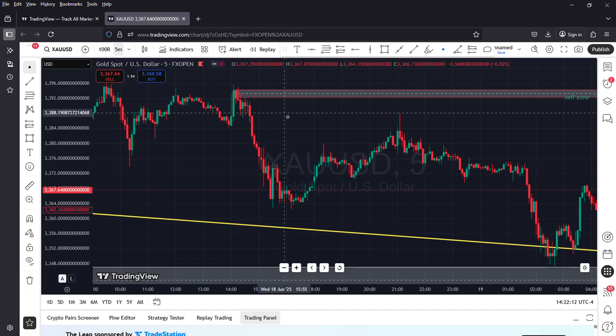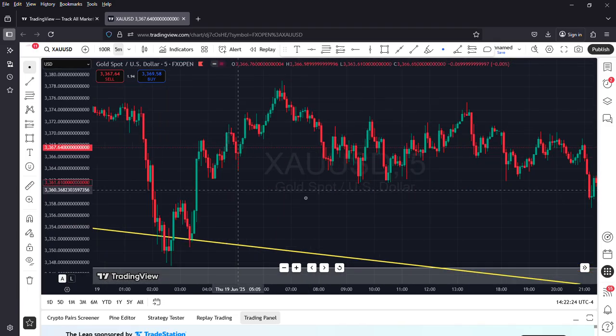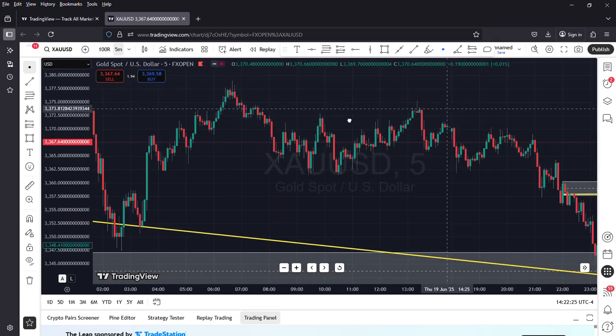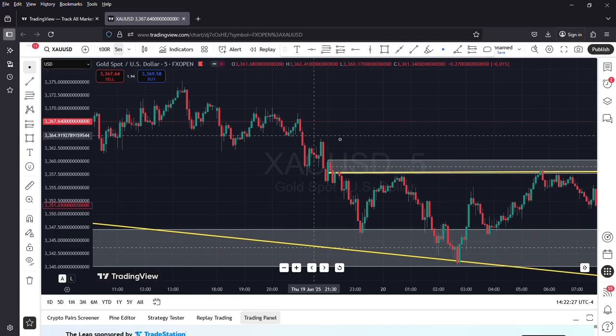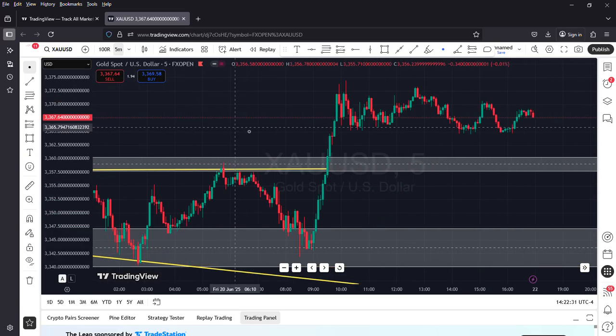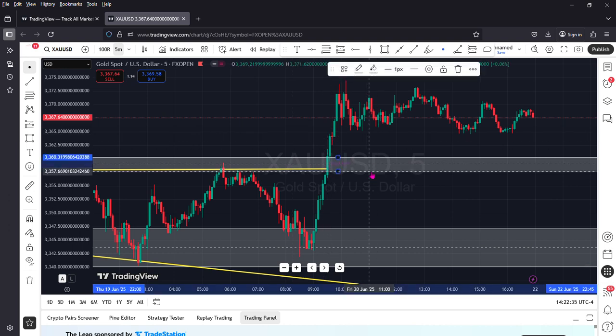This is the area we'll be looking to sell from if the market goes up, if the market starts buying to the upside.